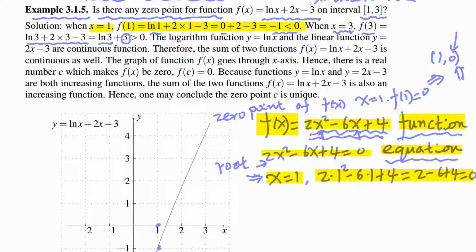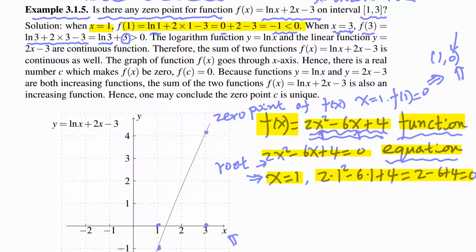So basically, when we plug in the value 3, we should have a value approximately greater than 4, which is positive. And the function is continuous from 1 to 3. So this curve must go through the x-axis.